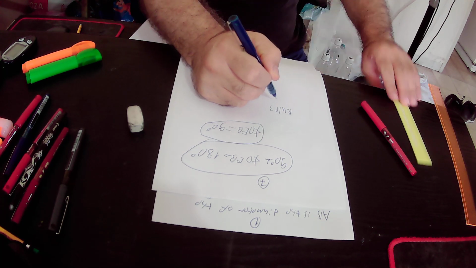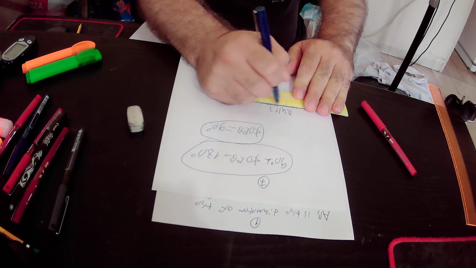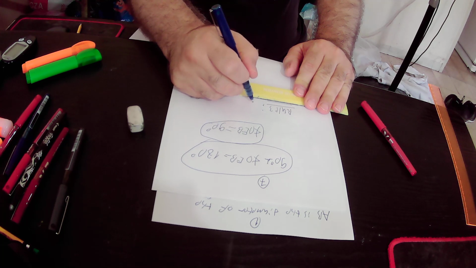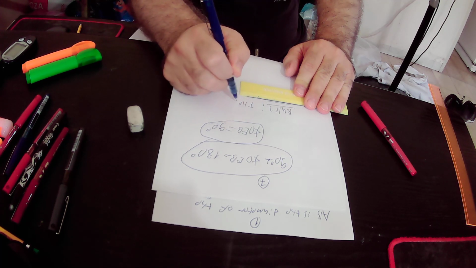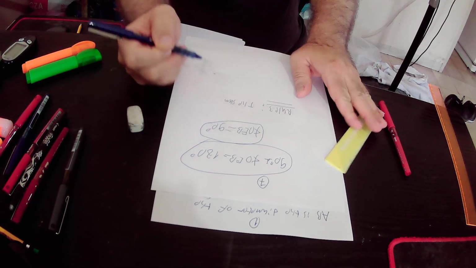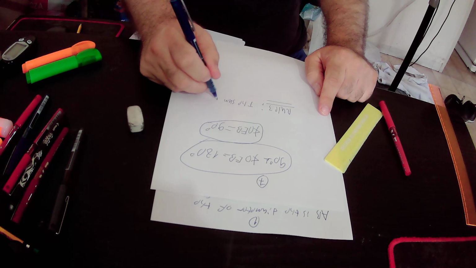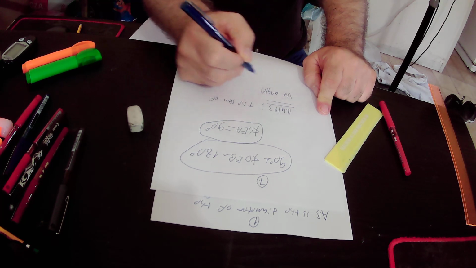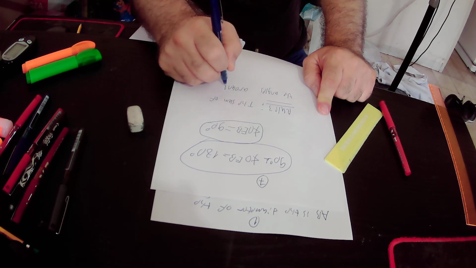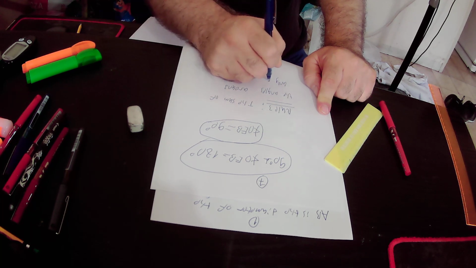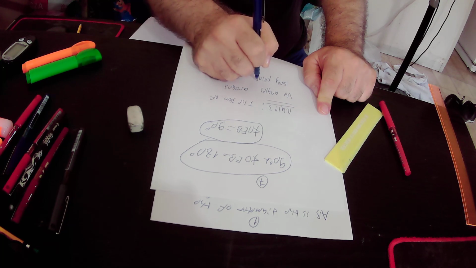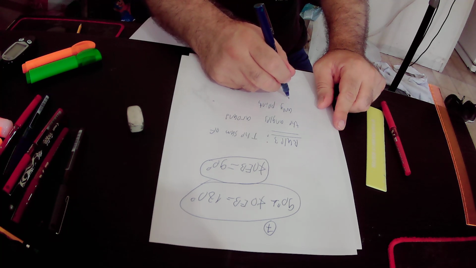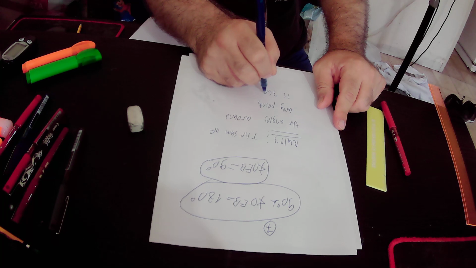Rule number 3 states that the sum of the angles around any point is equal to 360 degrees.